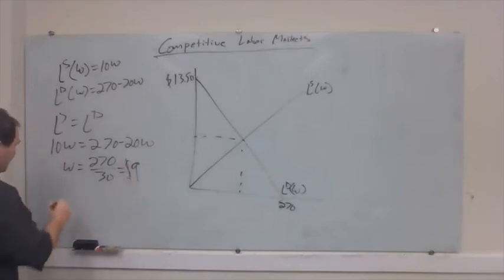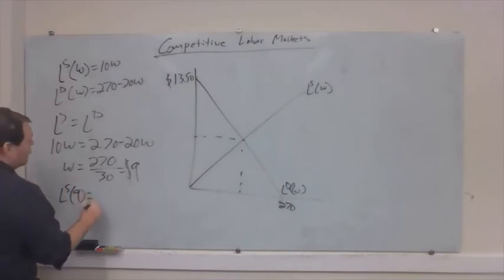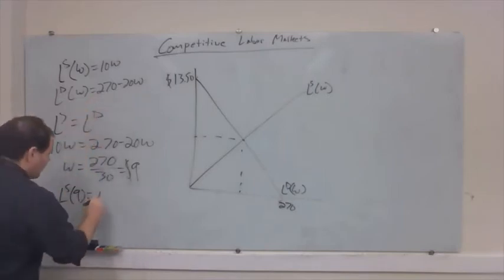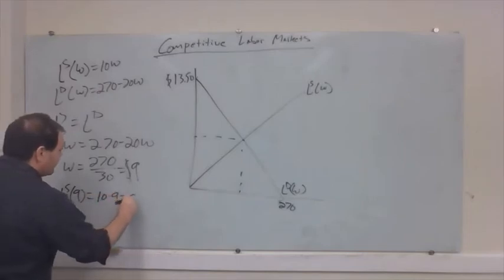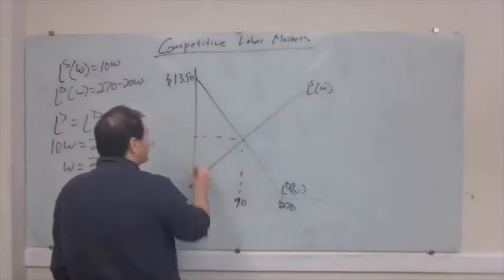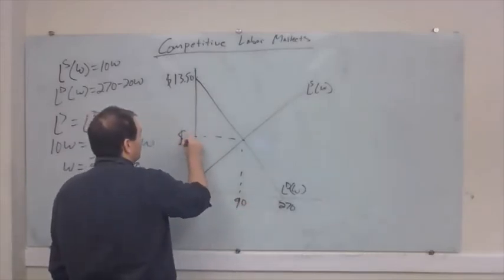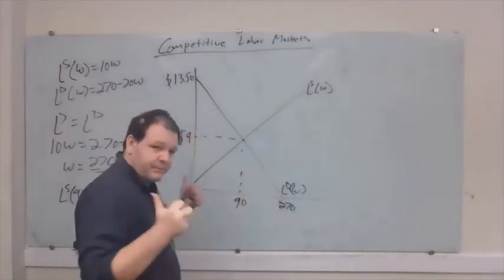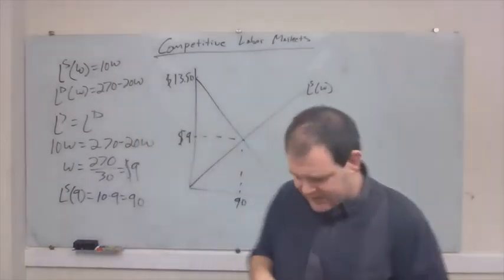And that'll mean that our number of labor hours will be either our supply or demand curve will work. 10 times 9 is going to be 90, right? So in a market equilibrium, we'll have 90 labor hours, and we'll have those work at a wage of $9 an hour. Wonderful, right? So far, nothing fancy.